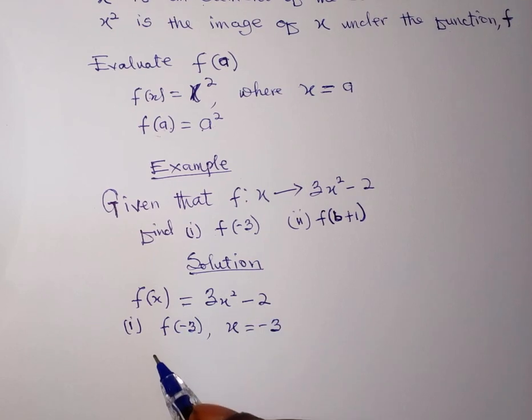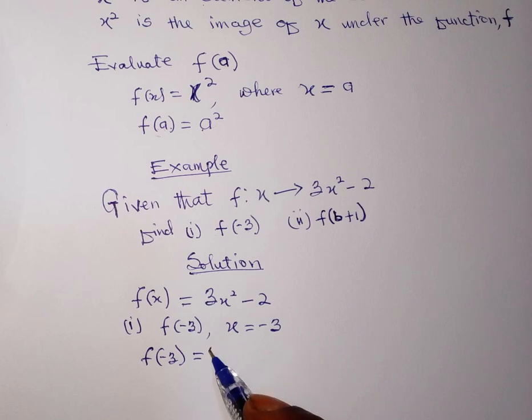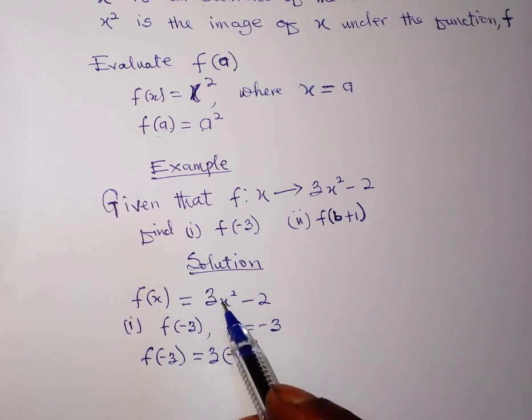So through this one we are just evaluating. So we have f at negative 3 should be equal to 3, open bracket, then put negative 3 there and square it, because it says we should square x.